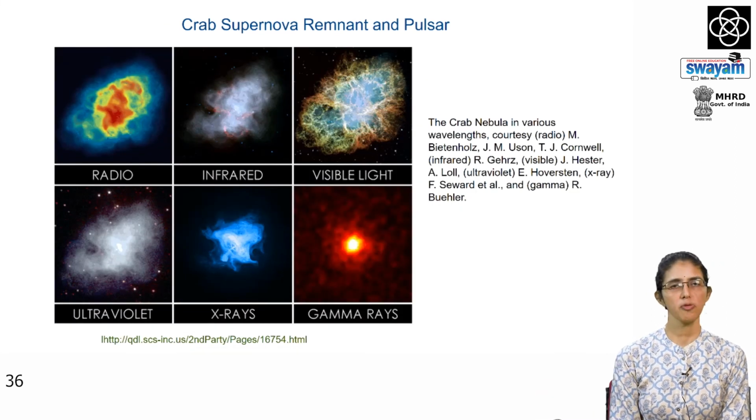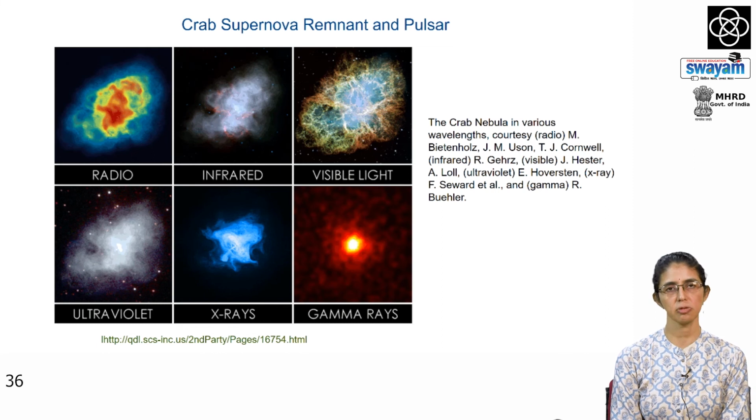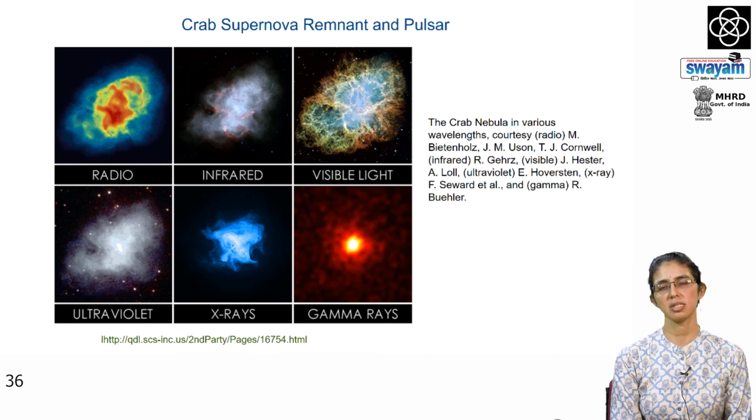The Crab supernova remnant in this panel is shown across a range of wavelength bands from radio to infrared to visible light to ultraviolet. X-rays are shown in the middle panel below, and then gamma rays. One can see that this Crab supernova remnant looks very different in different wavelength bands. This is because in different wavelength bands, the emission that is being received is the result of certain characteristic physical processes.